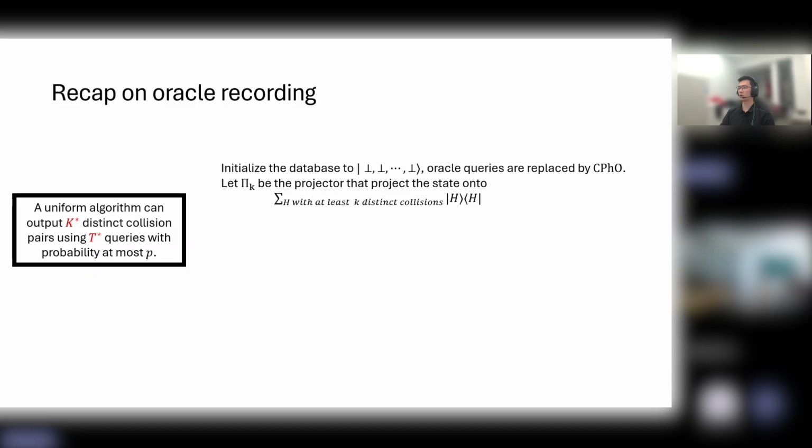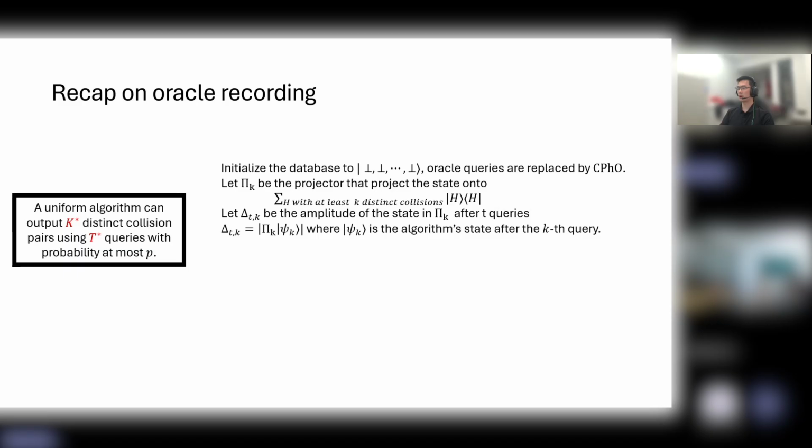After each oracle query, we want to measure the progress of the algorithm. So we define this Pi_k as a projector onto all databases such that there are at least k distinct collisions in the database. Here we don't count the bot symbol because it's a not-sampled-yet symbol in the database.